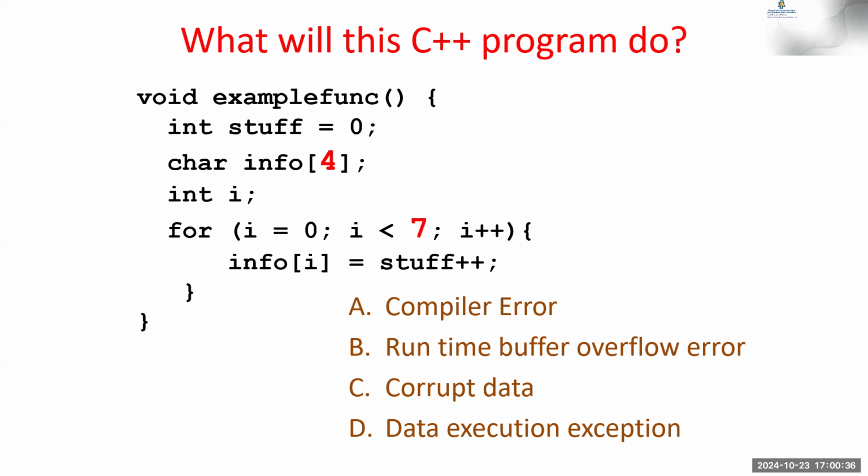Realize there are some non-programmers in the class. Important thing to see is there's 4 characters allocated for this, and we have a loop that's going to go through it 7 times. All right, what's going to happen?